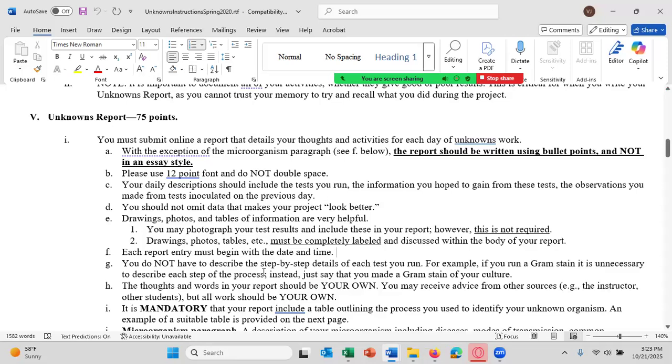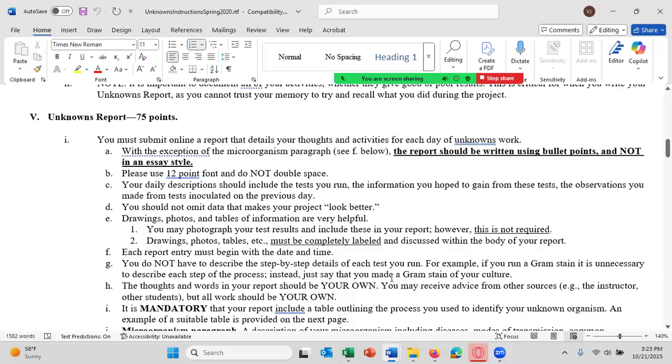You do not need to put in the step-by-step details for the test runs. All you need to say is something like, I did the gram stain on October, let's see, it'd be 6 days, 27th or 28th, something like that. And then give me the gram stain results and the gram stain conclusion.